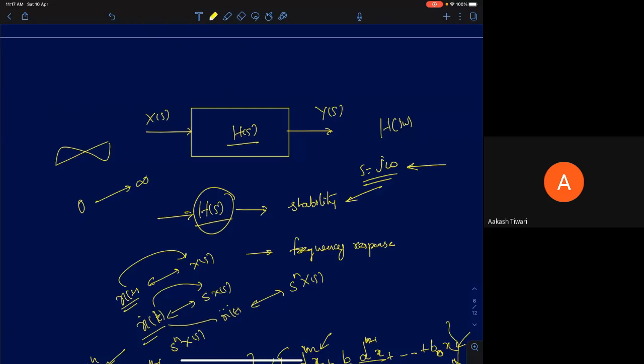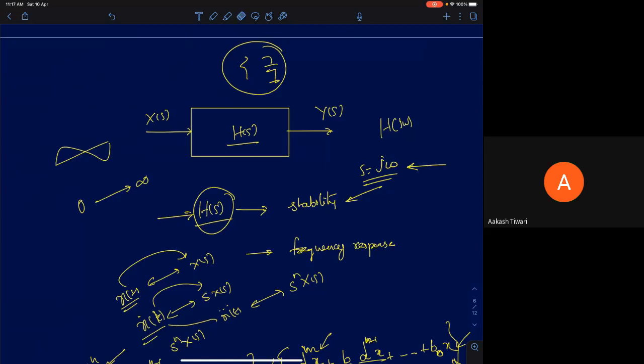Eventually we are going to derive a linear model which will comprise dependent sources, resistors, capacitors, and so on. If I have a circuit composed of linear circuit elements, resistors, capacitors, dependent sources, then it will invariably be an LTI system, a linear time invariant system.